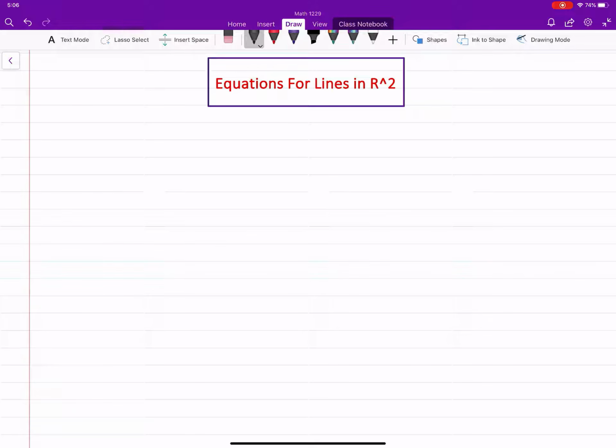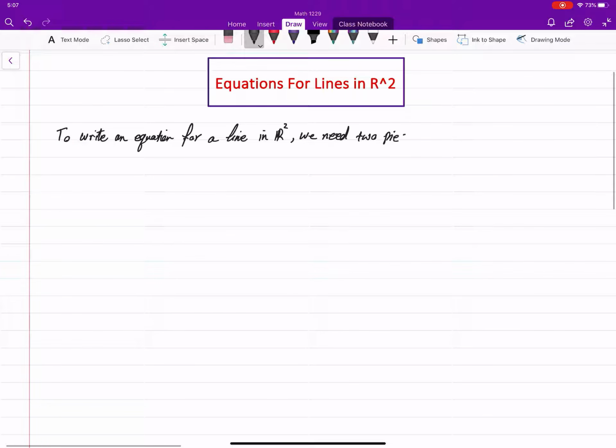Let's just start with what these forms are. So to write an equation for a line in R2, we always need, this is a minimum, two pieces. And these two pieces can come in different forms.